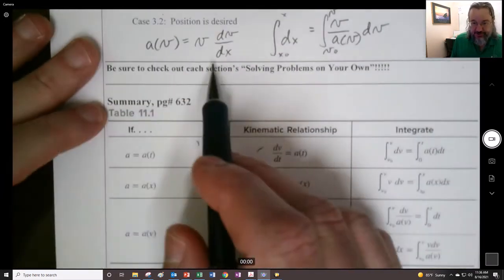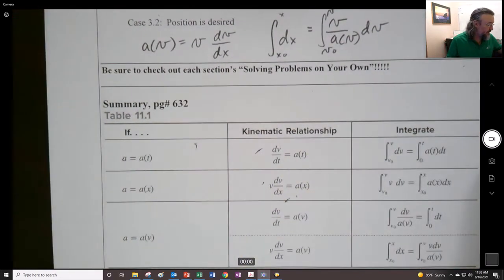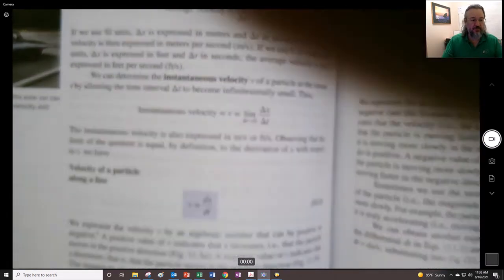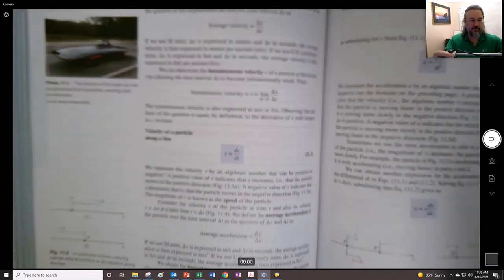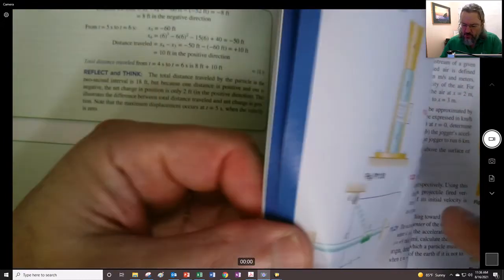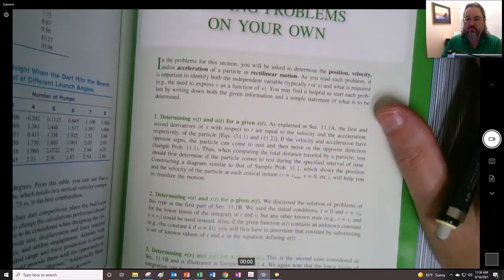And here is something that I think is really important to know about in the book. There are very useful things in the book. I try to stick to the book, and on Blackboard I've uploaded some resources that come with the book that I think can be helpful, some videos that they have made for example problems. But one of the most important things in this book that is going to be helpful to you, that students quite overlook, is this section called Solving Problems on Your Own.